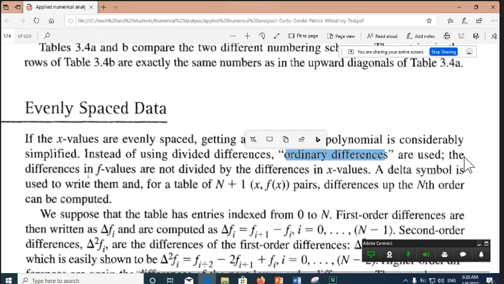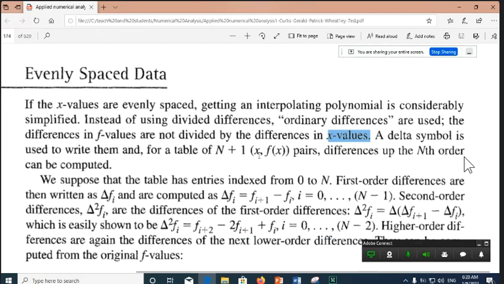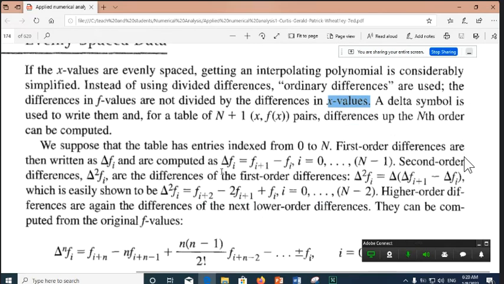The differences in f values are not divided by the differences in x values. The delta symbol is used to write them, and for a table of n plus 1 x, fx pairs, differences up to the nth order can be computed.